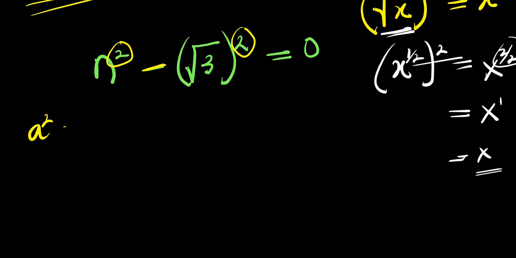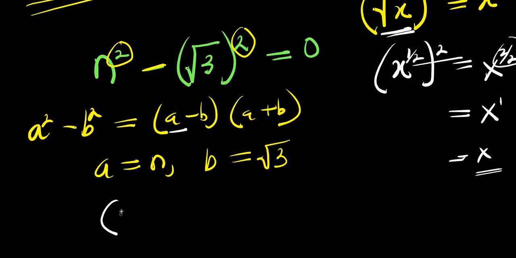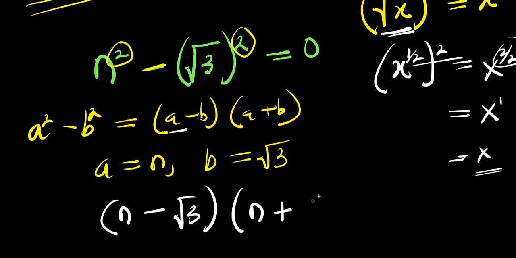If I have a power 2 minus b power 2, this equals a minus b times a plus b. And in this case, a equals n and b equals root 3. So from here, we are going to have n minus root 3 times n plus root 3, and this equals 0.